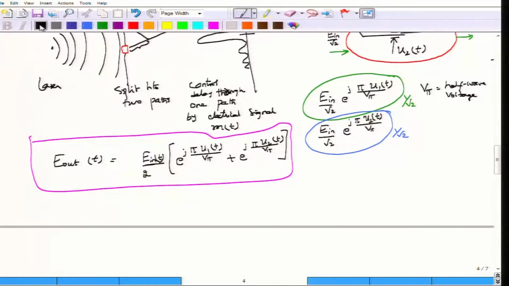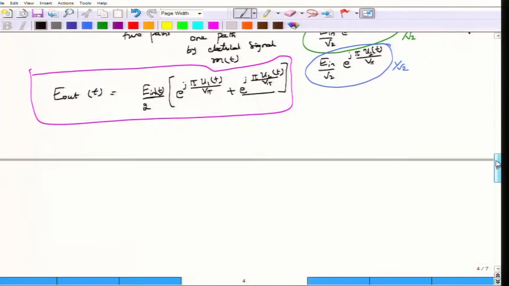However, we normally want to simplify to understand what is going on. We can do that by removing one of these two terms, that is, taking one of these two terms as common. Let me arbitrarily choose to take this particular term out to obtain the electric field at the output of the MZM as E in of t by 2.